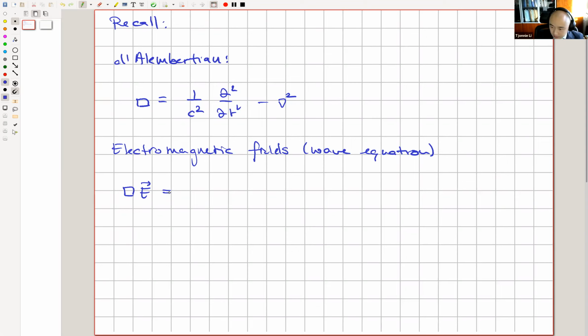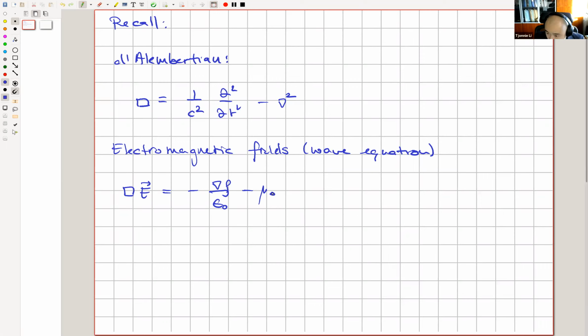You can get quite far by looking at the solution that Alex wrote down, so box V. In this case, the electromagnetic wave equation is simply minus the gradient of rho over epsilon naught minus mu naught.